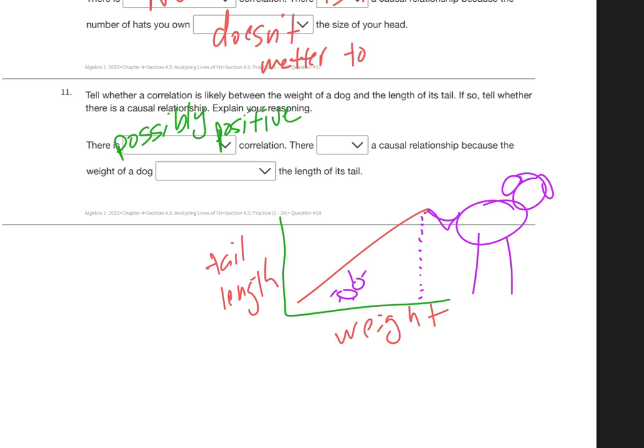I guess that makes sense. So it's possibly positive. But there's not a causal relationship because the weight of the dog does not determine the length of its tail.